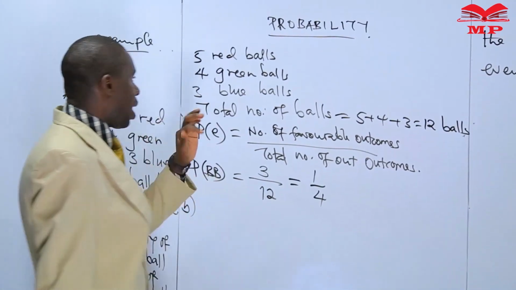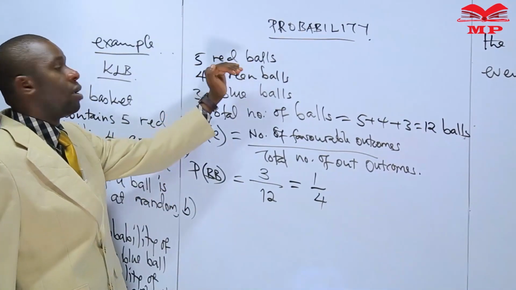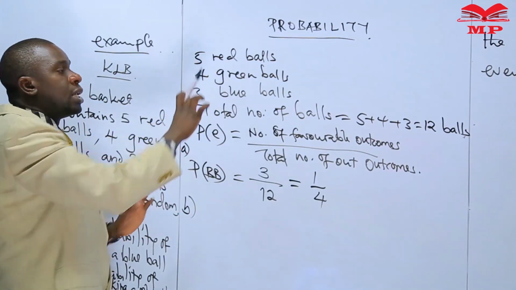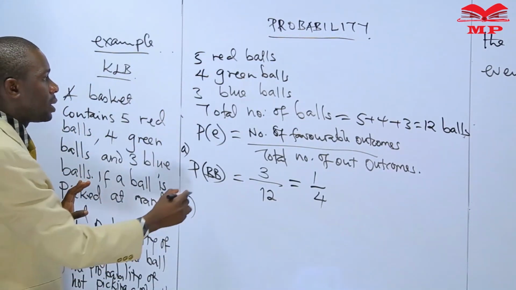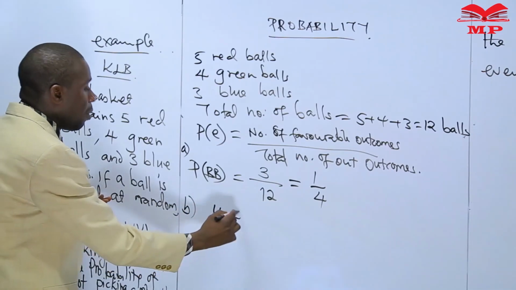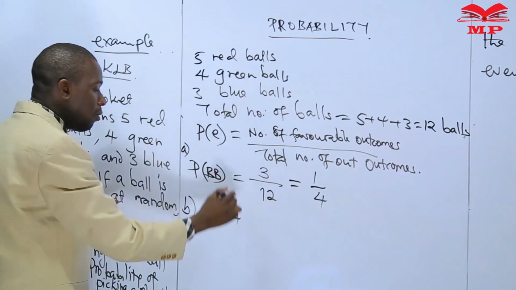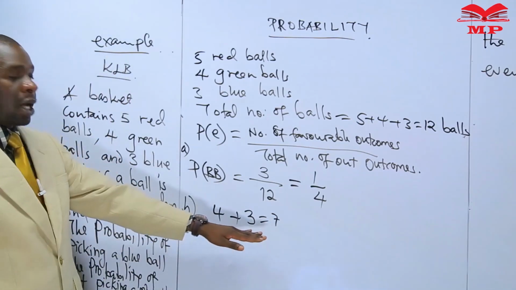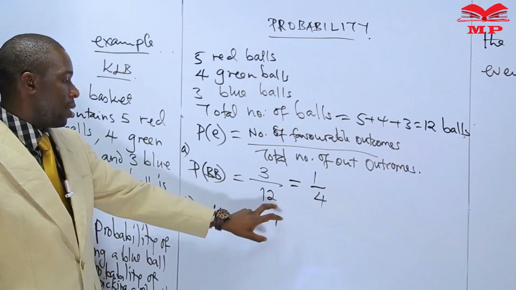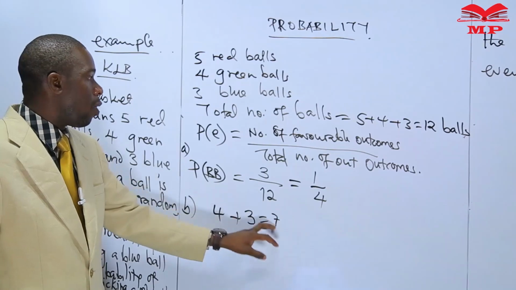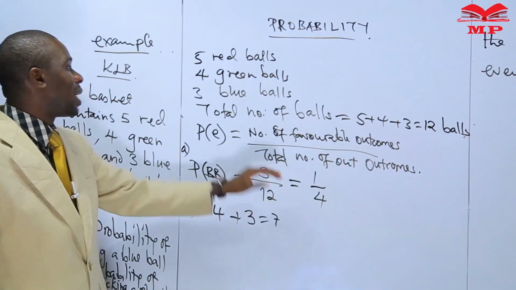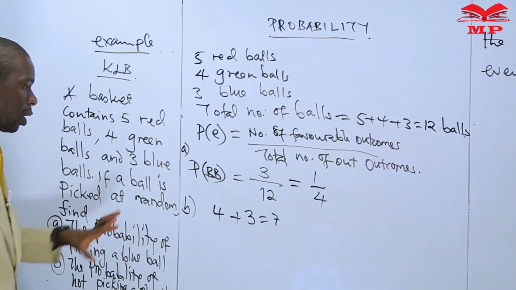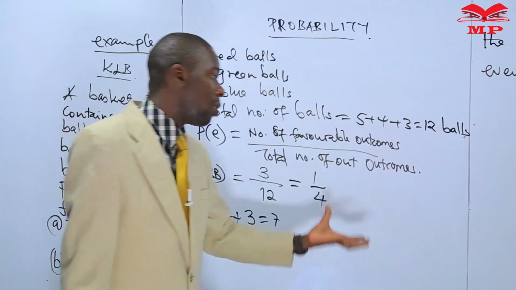So the red balls are 5. Not picking a red ball means you are picking from green balls, which are 4, plus you are also picking from blue balls, which are 3. So your favorable outcome here is only 7. The balls you can pick are only 7 because these balls are either green or blue balls, because we are saying we don't want to pick a red ball.